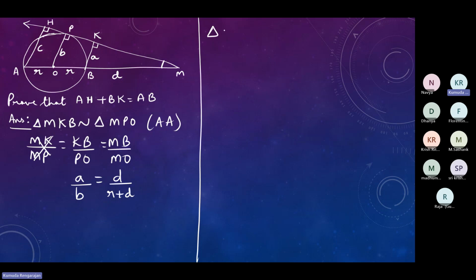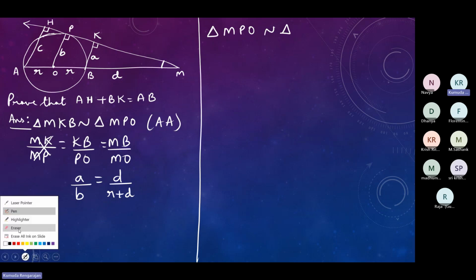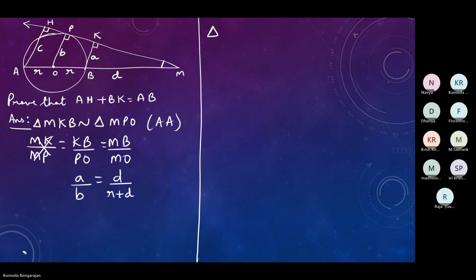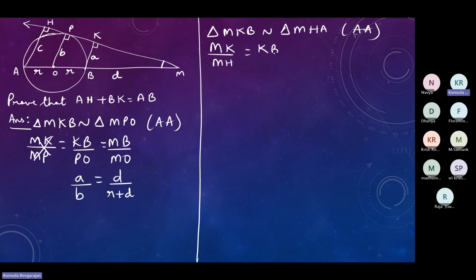So triangle MKB is similar to triangle MHA, sorry, not MPO. We fix the smallest triangle, no? By double A, MK by MH equals KB by HA equals MB by MA. In similar triangles, corresponding sides are proportional.